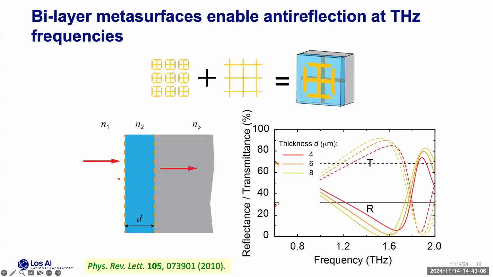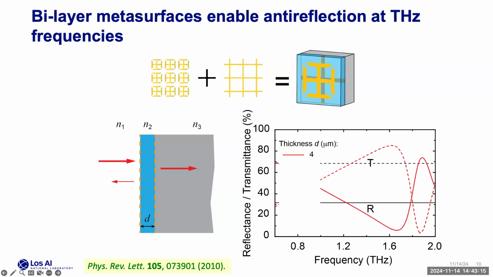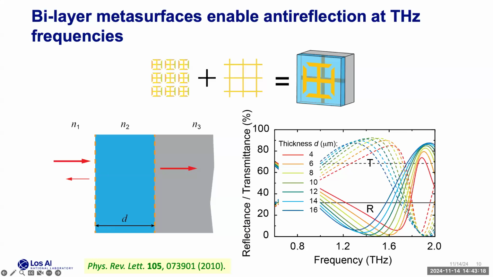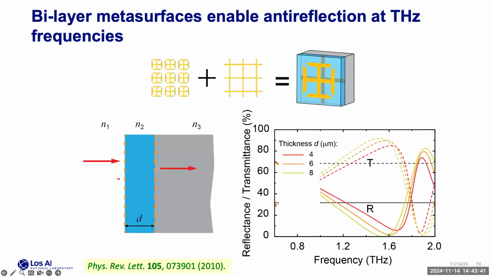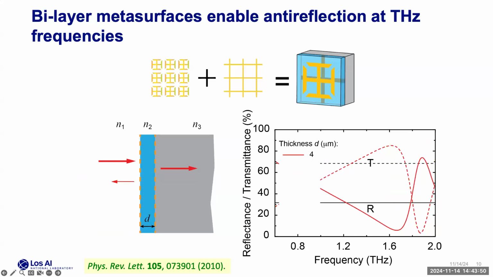And so you design the metasurface for a specific resonance at a specific frequency, and then you tailor the thickness of the spacer, which is again a dielectric, mylar, or something else, depending on what you are doing, such that you get an optimal anti-reflection and an optimal transmission. So as you can see here, that lies somewhere just above 1.5 terahertz.